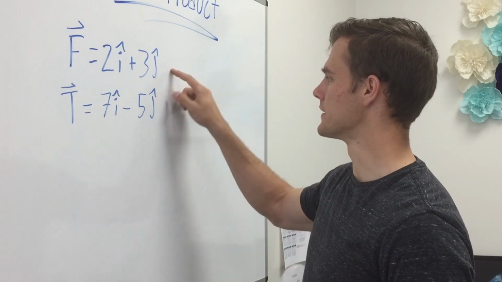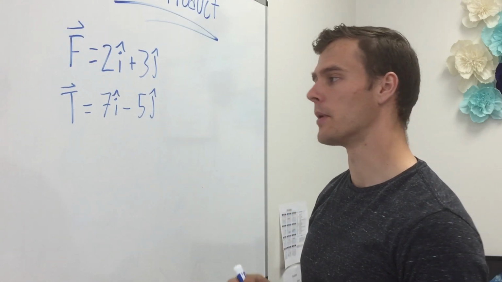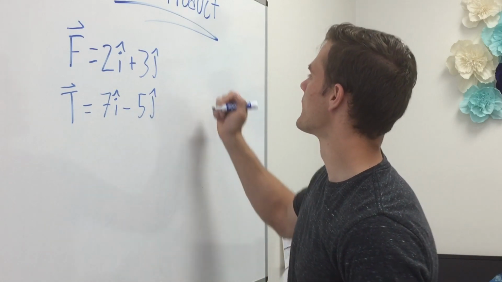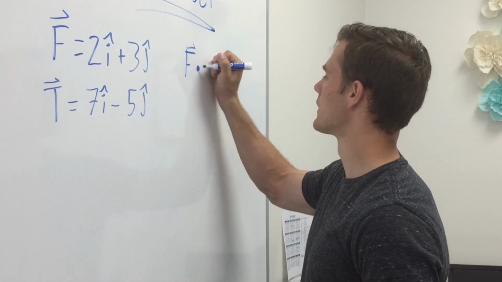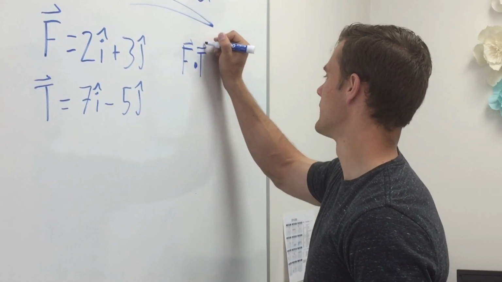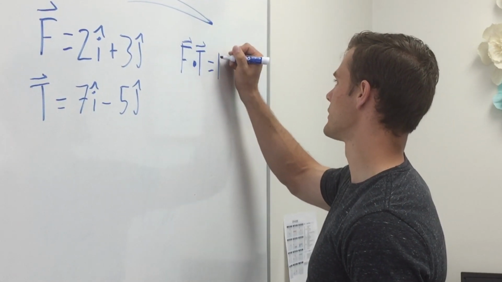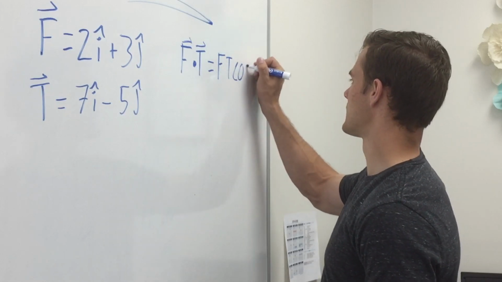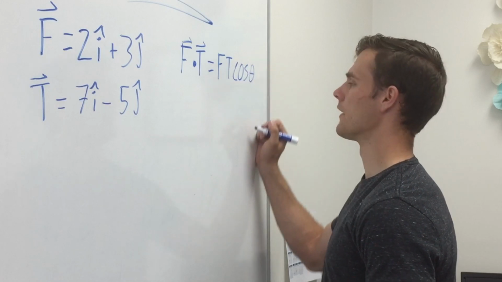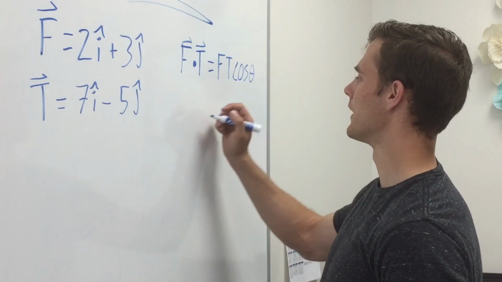They're not going at all in the z direction, so they don't have a k component. So remember that f dot t is going to equal the magnitude of f times the magnitude of t times the cosine of the angle between them, cosine of theta.